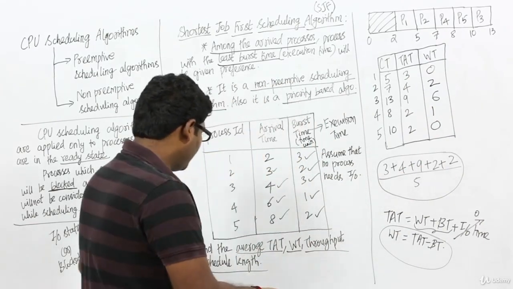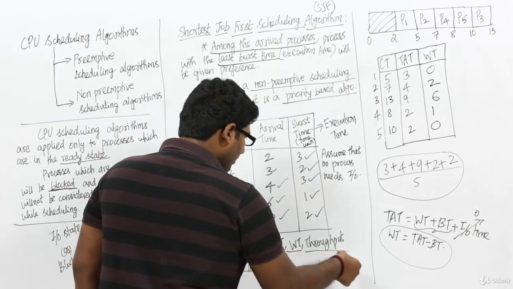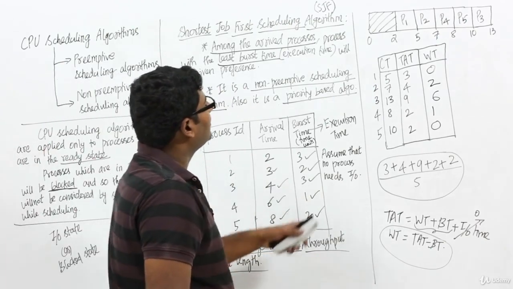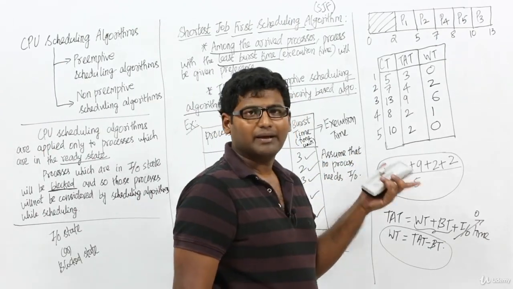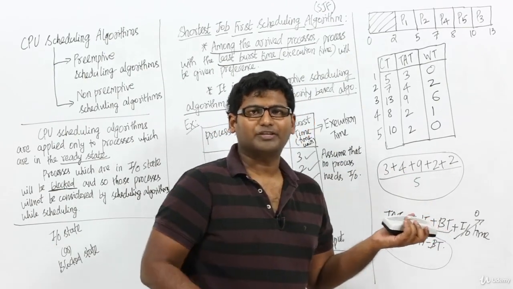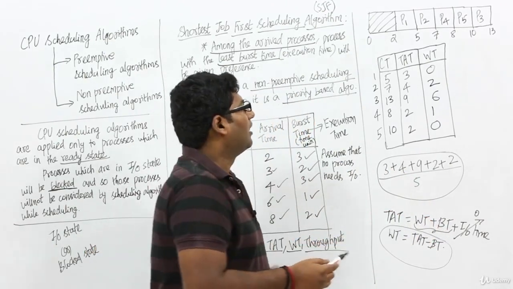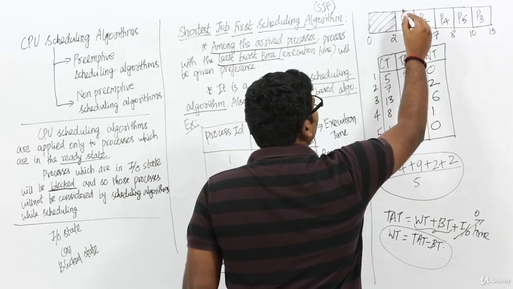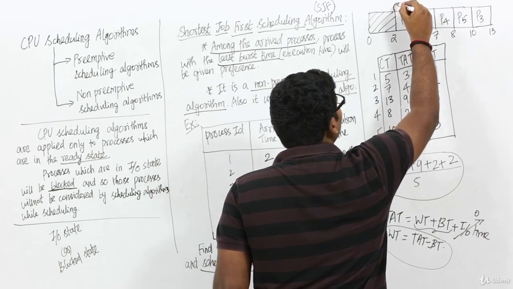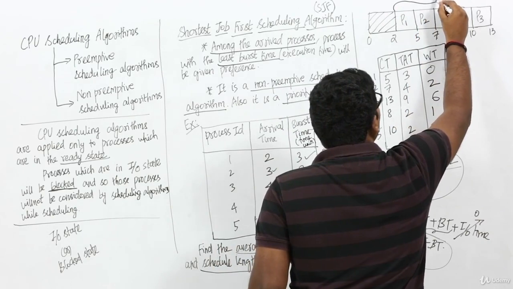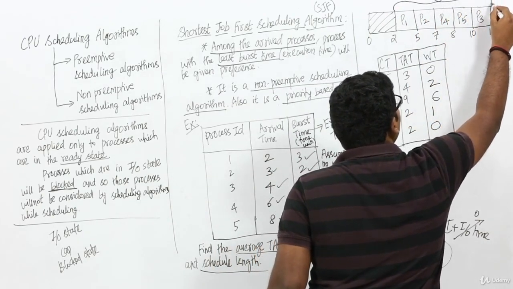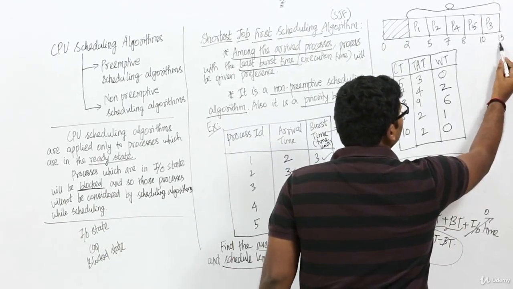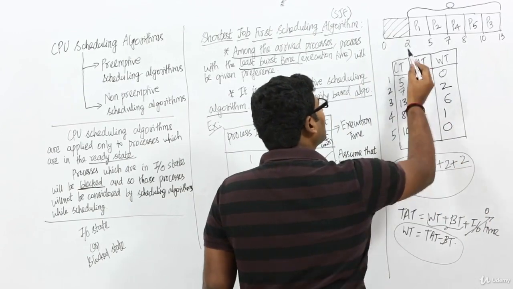After average waiting time, we need to compute something known as throughput. Before computing throughput, let's first compute schedule length. Schedule length is the total time for which our scheduling algorithm has scheduled the processes. Our scheduling algorithm has started scheduling processes at time unit 2, and it is scheduling processes until time unit 13. So schedule length is completion time of last process minus arrival time of first process.